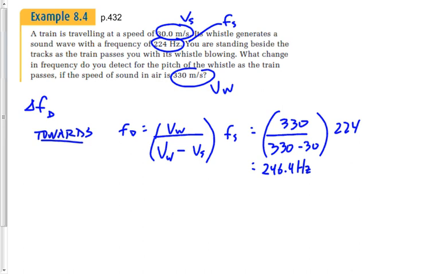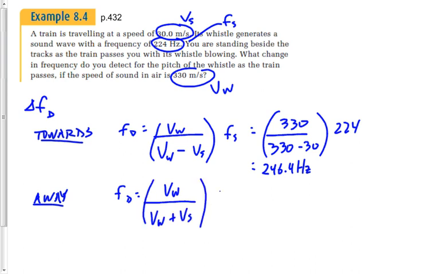Yes. Now let's get the apparent frequency as it's going away from us. That's going to be Vw plus Vs. The numbers are almost the same, but everything changes by that plus sign on the bottom.